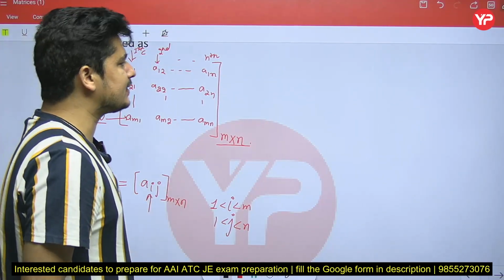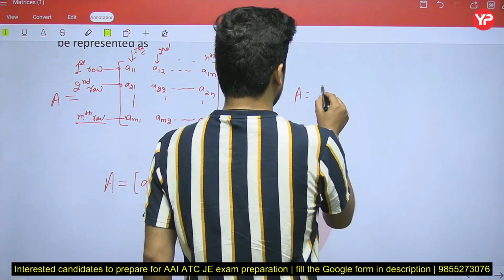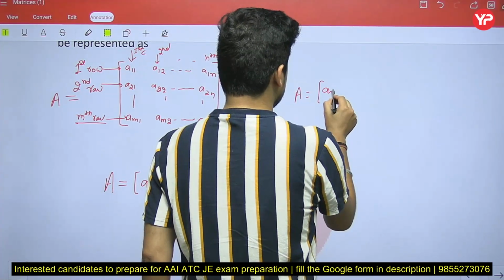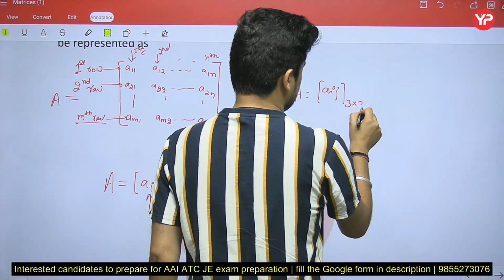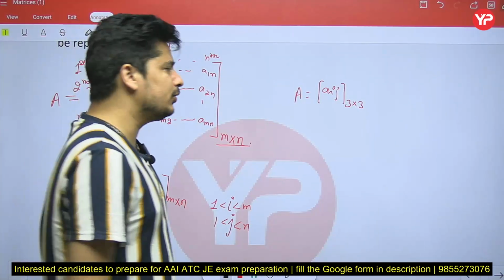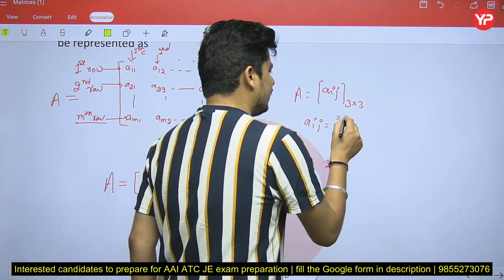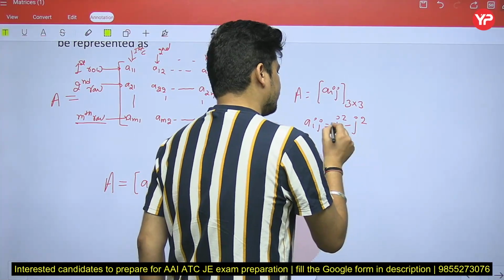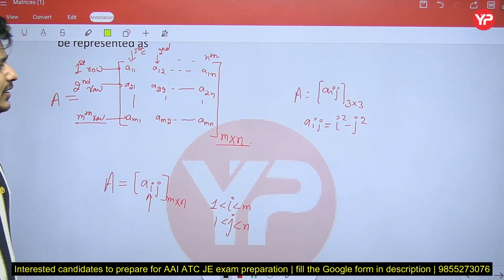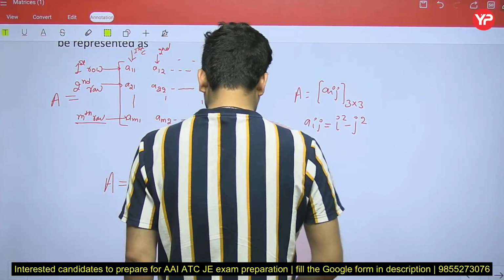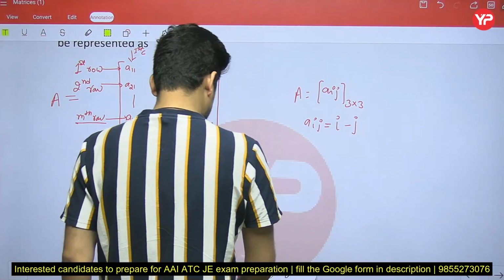Let us take an example. I define a matrix A represented by Aij, which is 3 cross 3, and I tell you that this Aij follows the property i square minus j square, or let us take it a little bit easier, i minus j.